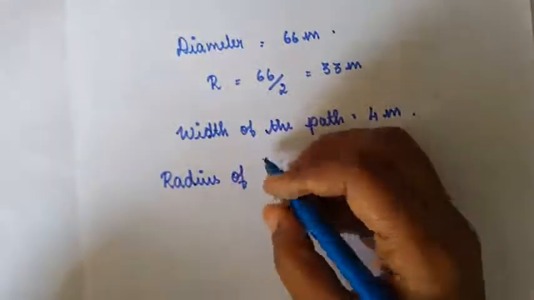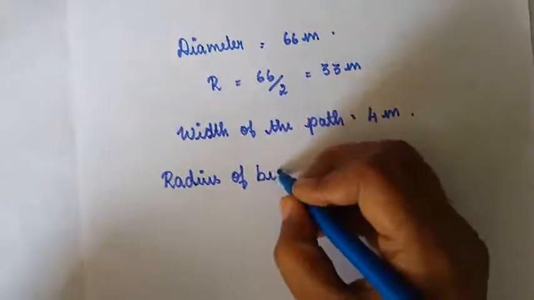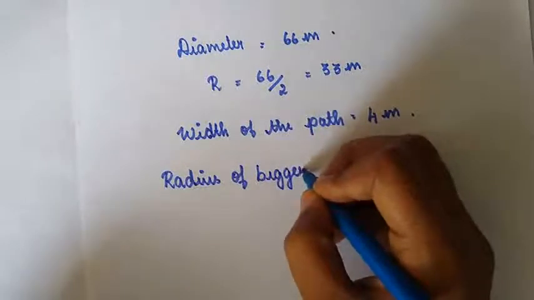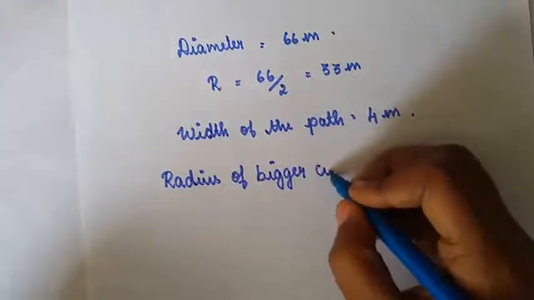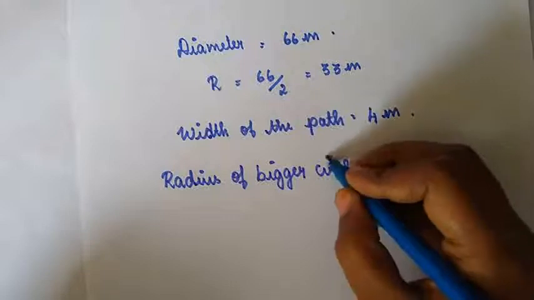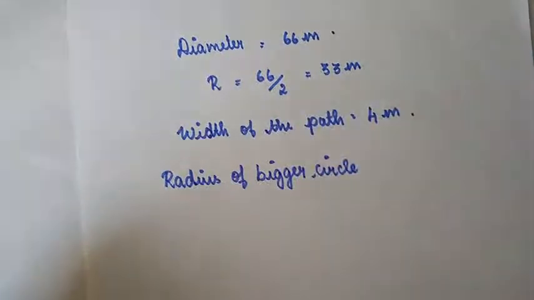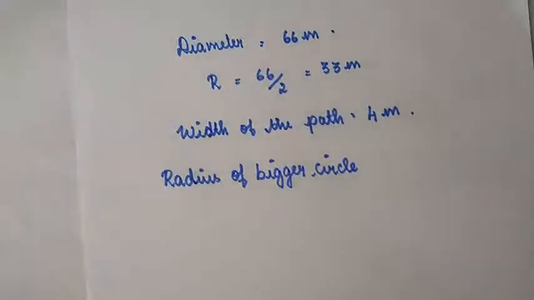Radius of the bigger circle. So 66 is the diameter of the smaller circle.